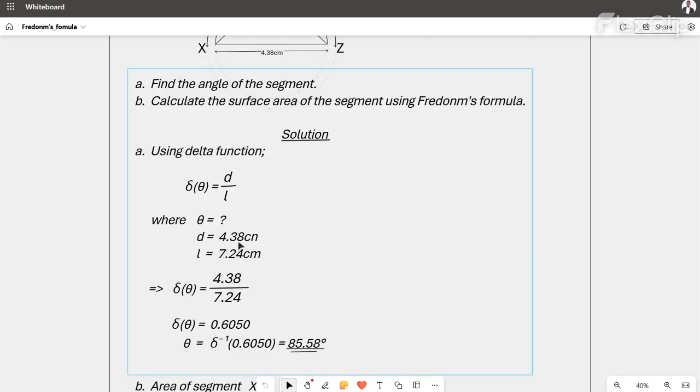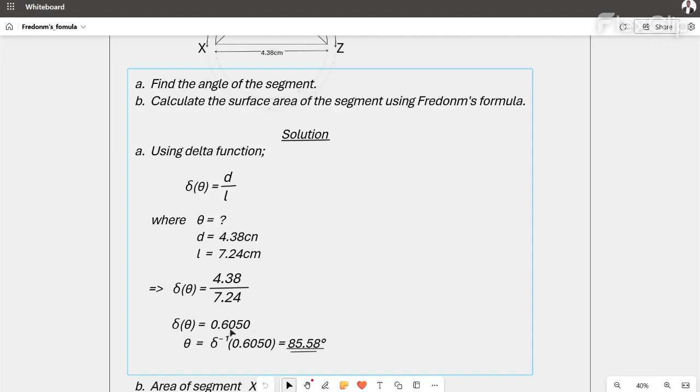If you plug in these values, our equation will look like this. Delta theta is equal to 4.38 all over 7.24. So if you do this ratio, delta theta will be equal to 0.6050. It's supposed to be 0.605, but because we did approximation, that's why I added this 0.